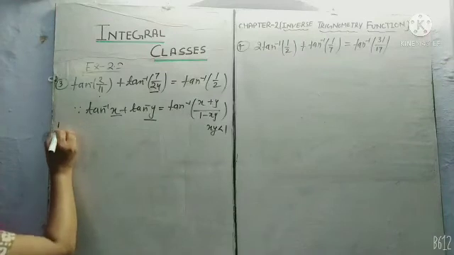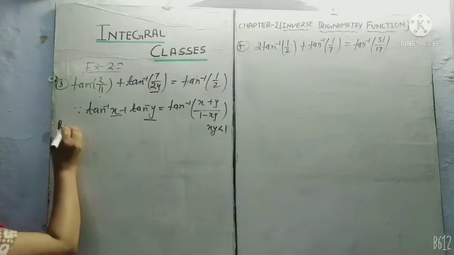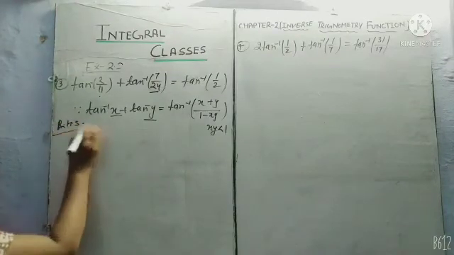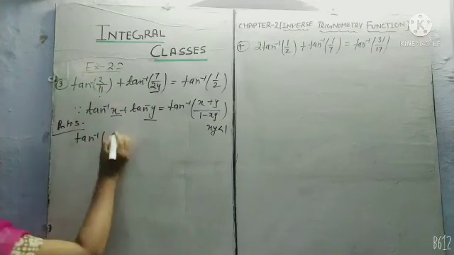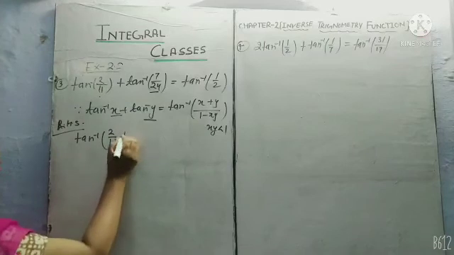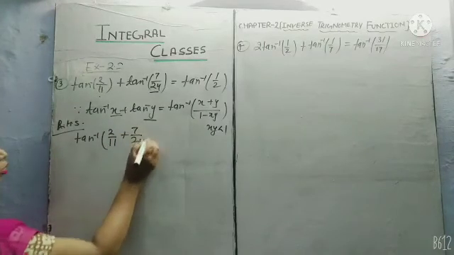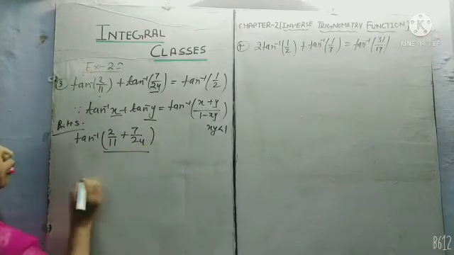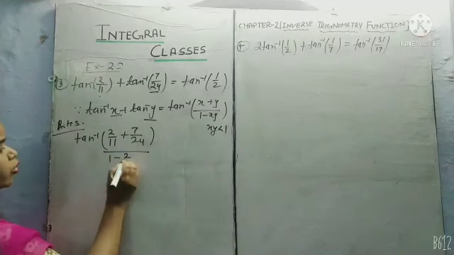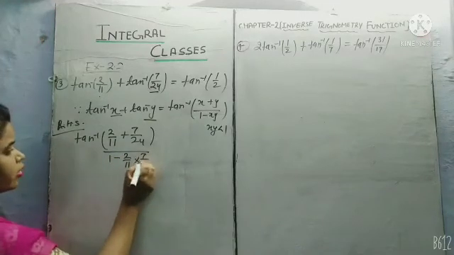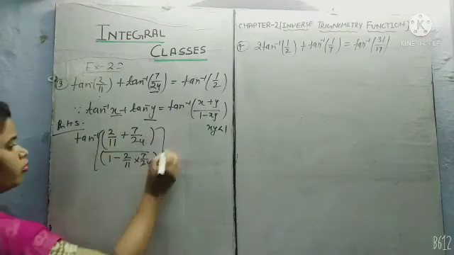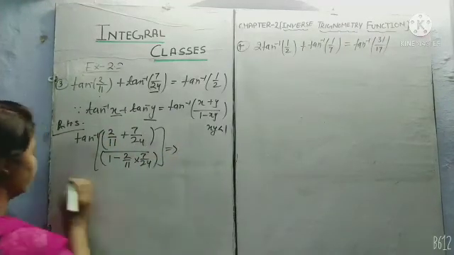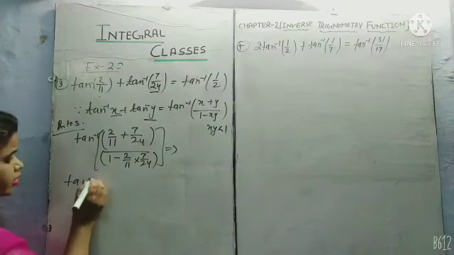Now we will consider the left hand side. Therefore tan inverse, x is 2 upon 11, y is 7 upon 24, upon 1 minus 2 upon 11 into 7 upon 24. Now we will solve them. Then it will become tan inverse.